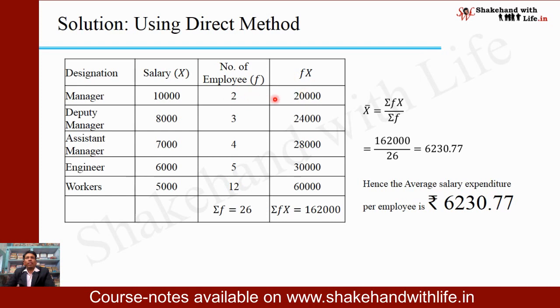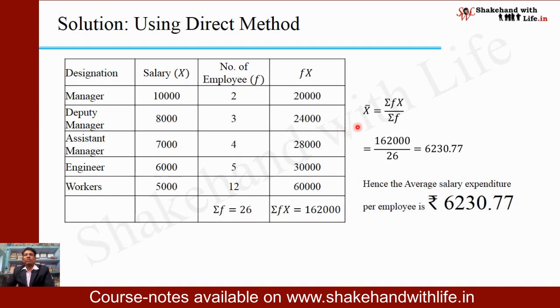The expenditure on the manager rank is 10,000 multiplied by 2, which is 20,000, for deputy manager it is 24,000, for assistant manager 28,000, for engineer 30,000, and for workers 60,000. Therefore sigma fx is 1,62,000, and the total number of employees, sigma f, is equal to 26.